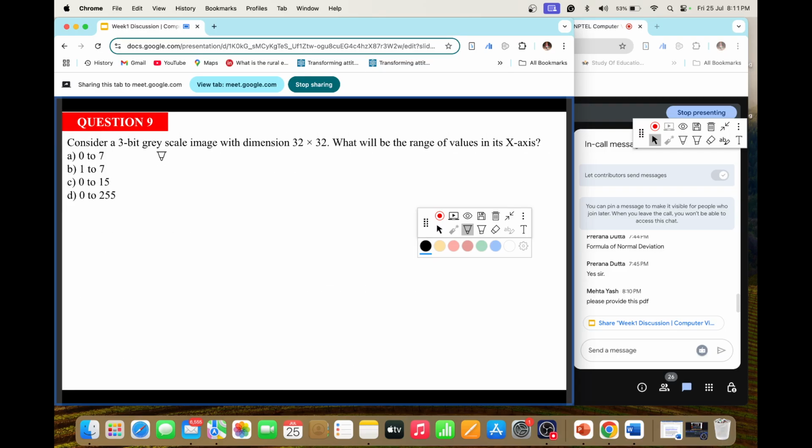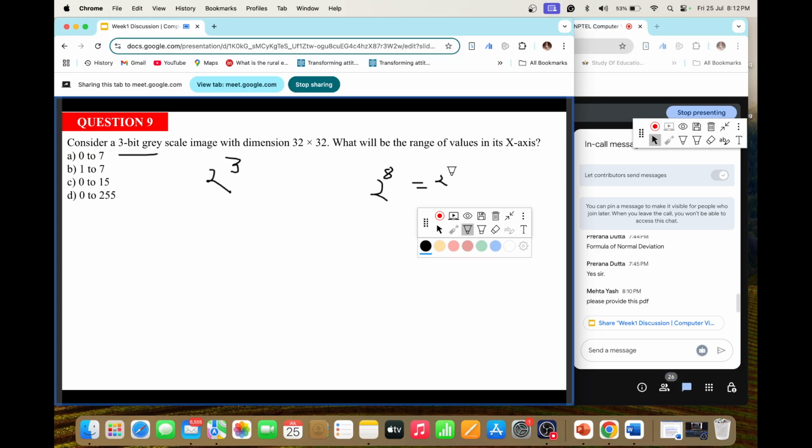Now consider a 3-bit grayscale image with a dimension 32 cross 32. What will be the range of values in its x-axis? So x-axis, y-axis, it will have the same range of values, that is 2 to the power 3, because it is represented by 3 bits. Our original image is always represented by 1 byte, that is 8 bits, so 2 to the power 8, that is 256.